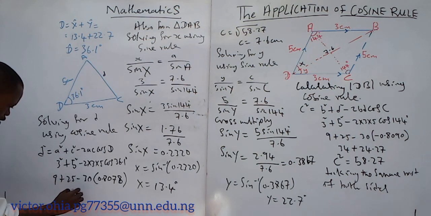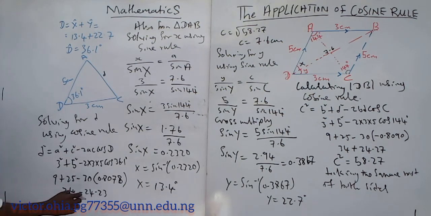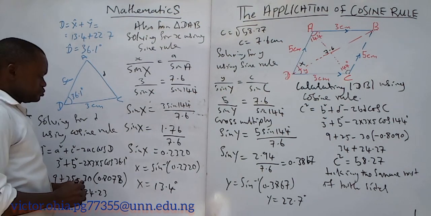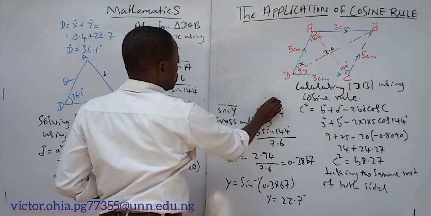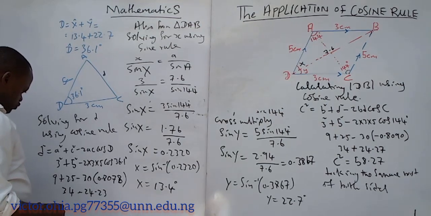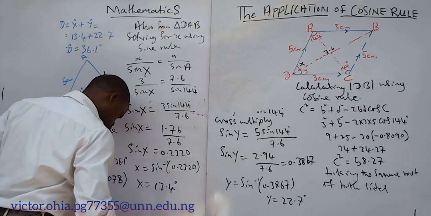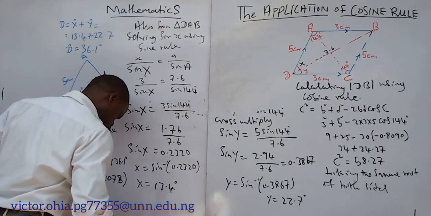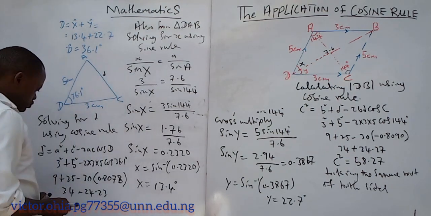So I have 34 minus 24.23, which is 9.77.